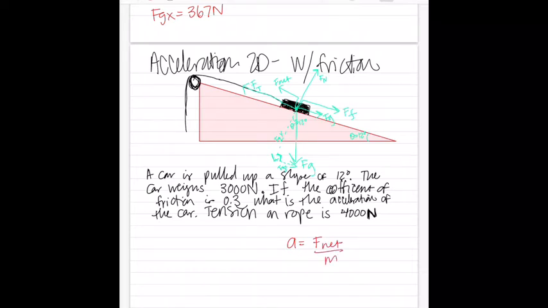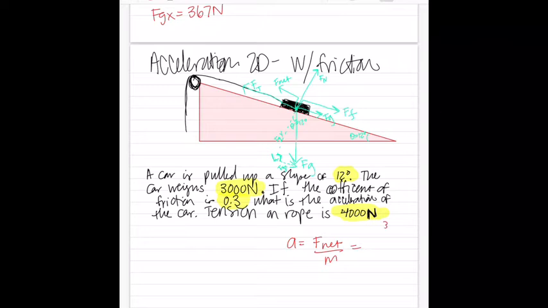Okay, so let's look at our information in our problem. So I have 12 degrees. I have 3,000 newtons, which is our weight. I have a coefficient of kinetic friction of 0.3, and then I have a tension force of 4,000. So already, there's a little bit of information that we can use, which is our weight. Now, we had to do this the other day where we had to take the weight divided by gravity, because we need mass, we don't need weight. So we do weight divided by gravity.